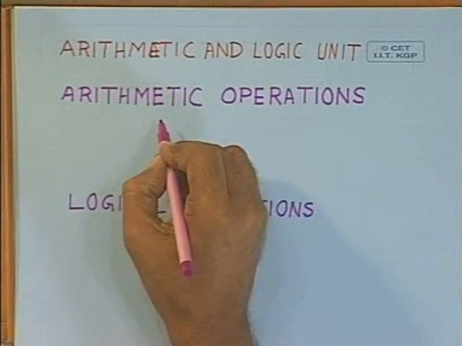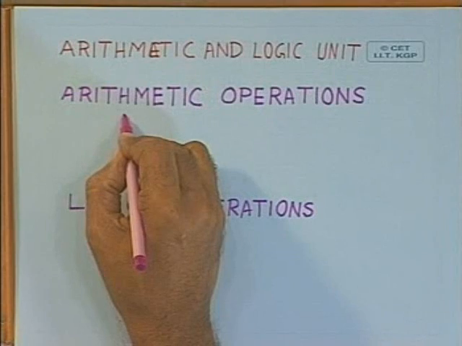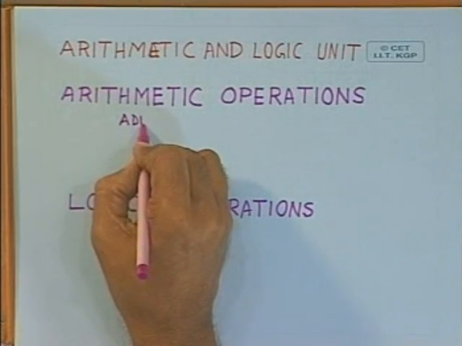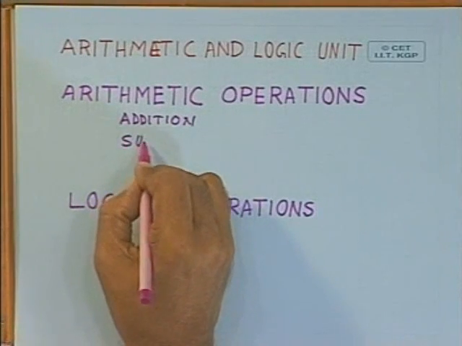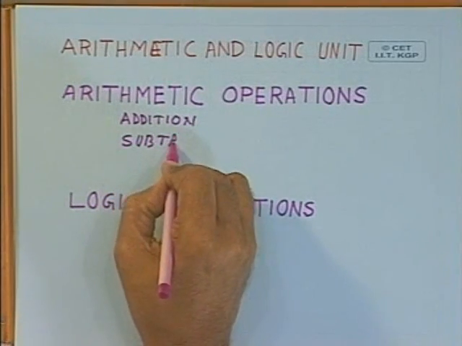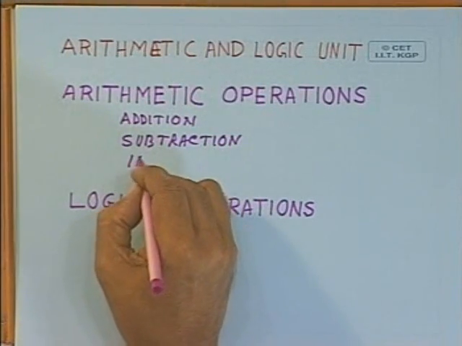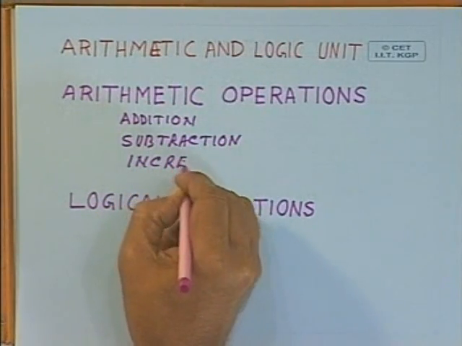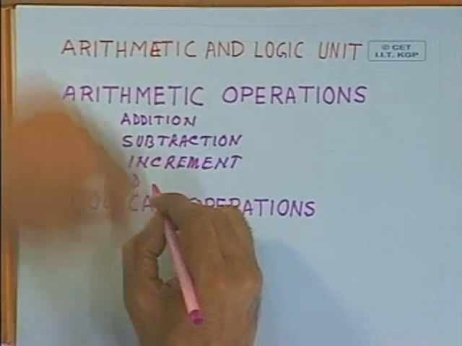For example, in 8085, the arithmetic operations which are provided are very few: addition, subtraction, increment, decrement.